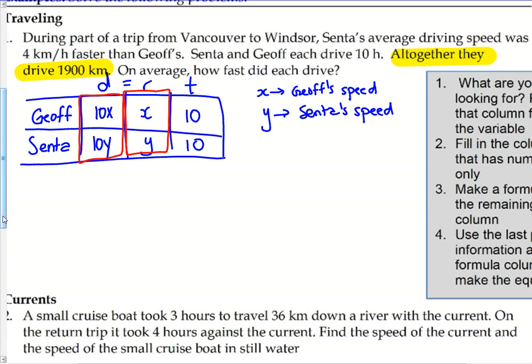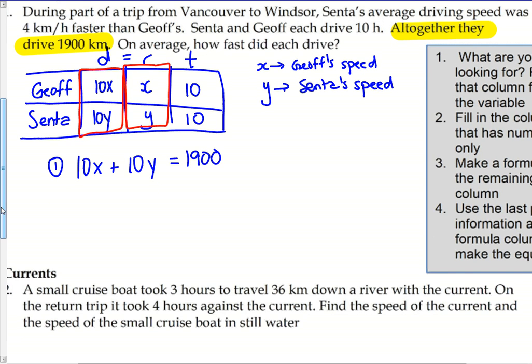But we know that together, what is together? In math, we put things together. Yes, you add them. So we're going to add their distances. What's Jeff's distance? 10x. What's Senta's distance? 10y equals 1,900. So there's our first equation.